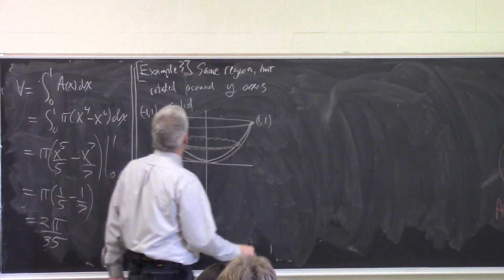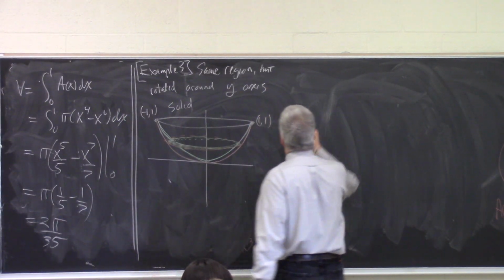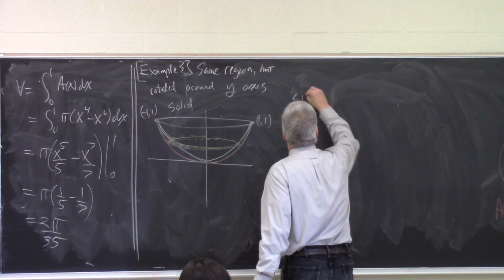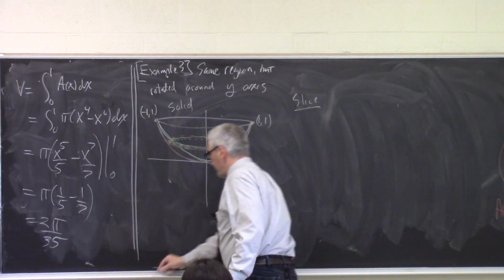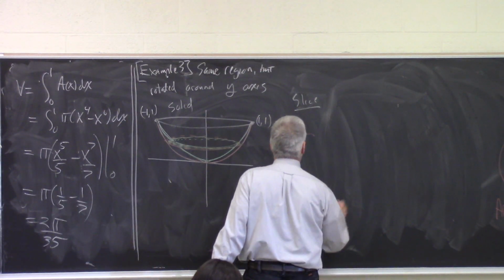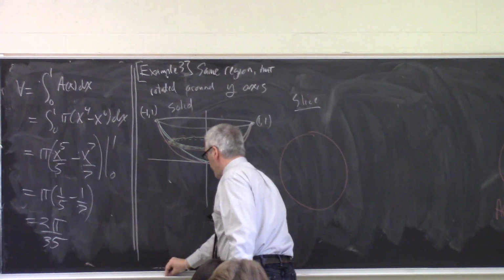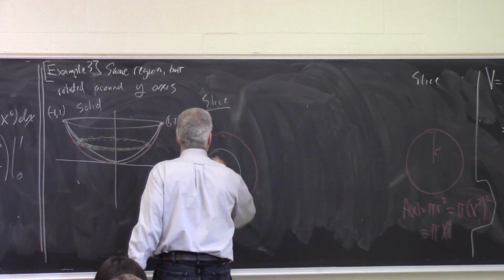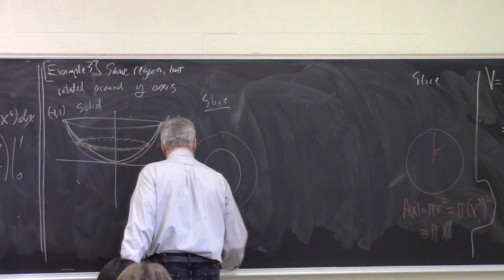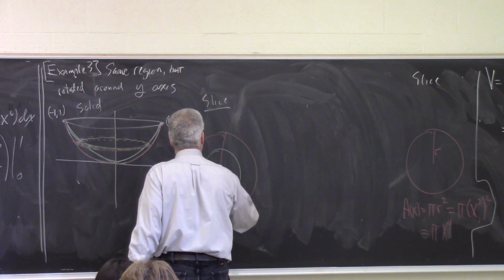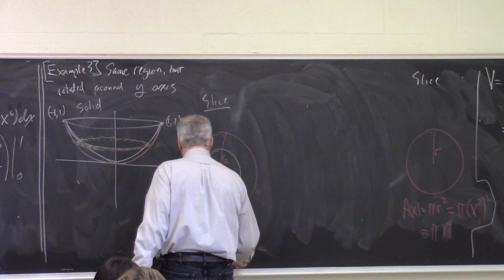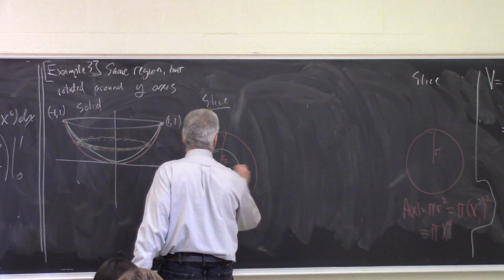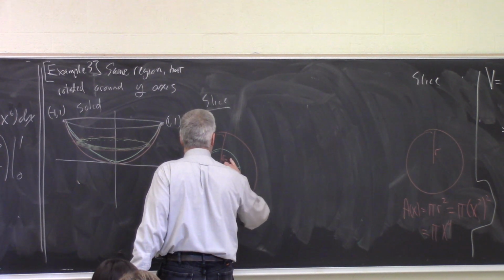Again, these drawings are not always successful. So my slice has an outer radius, it has an inner radius. The outer radius is R2, the inner radius is R1.